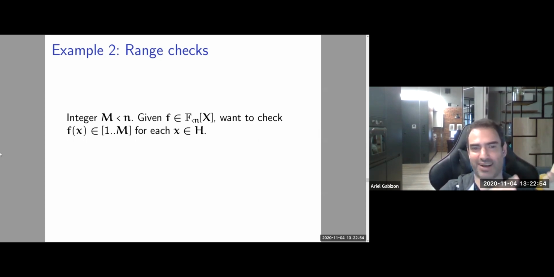So range checks. Here I have some integer m, and I have some polynomial f, and I want to check that all of f's values on h are contained in 1 to m.